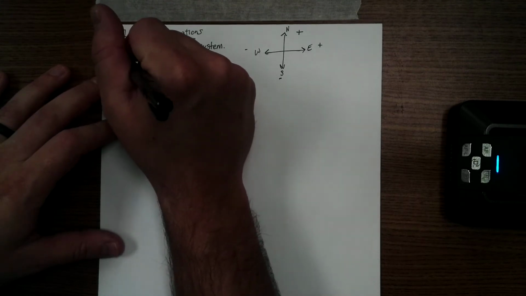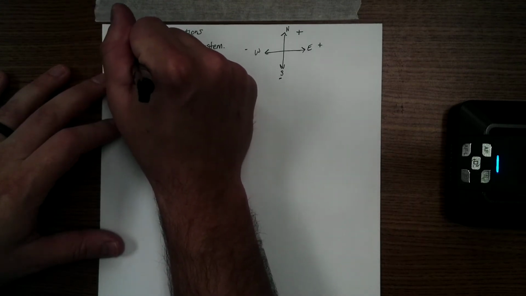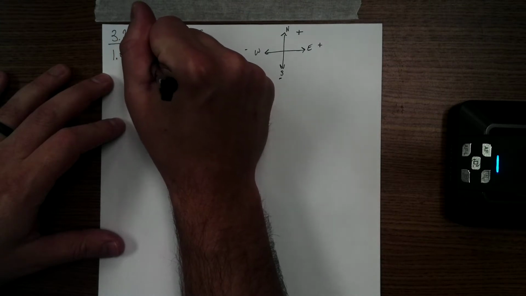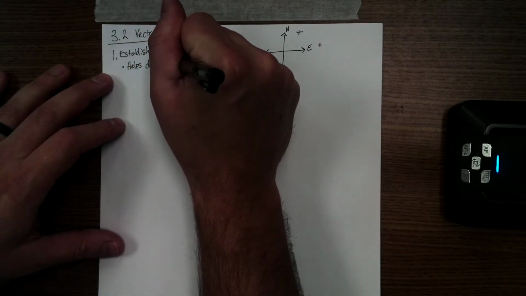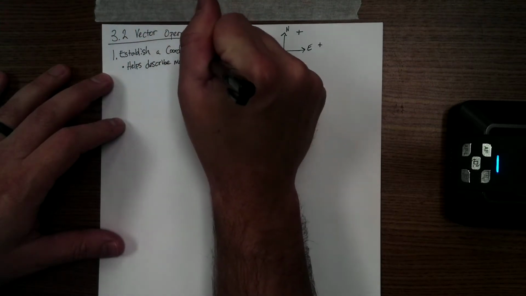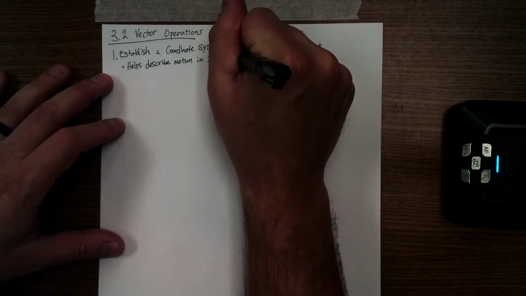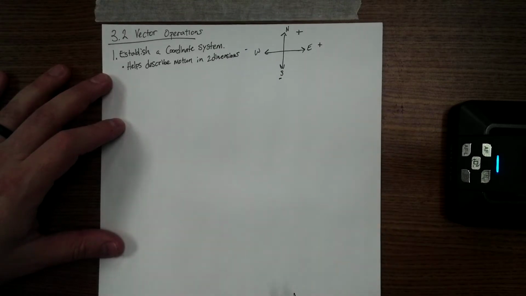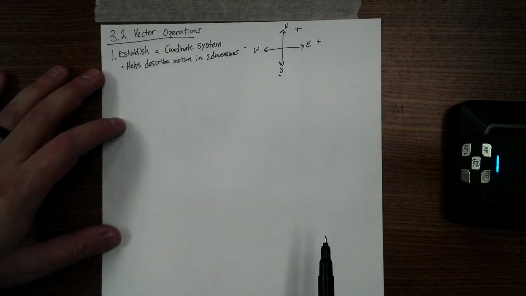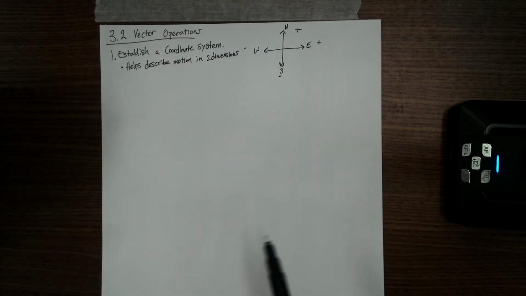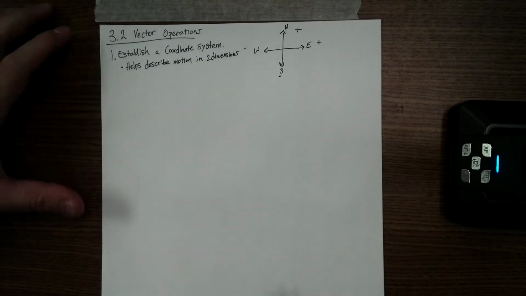It happens for 2 reasons. One, this helps us describe motion in 2 dimensions. When we're looking at vectors, it helps us describe motion in 2 dimensions, whether it's going up or down or left or right or north, south, east, west, whatever. Alright?